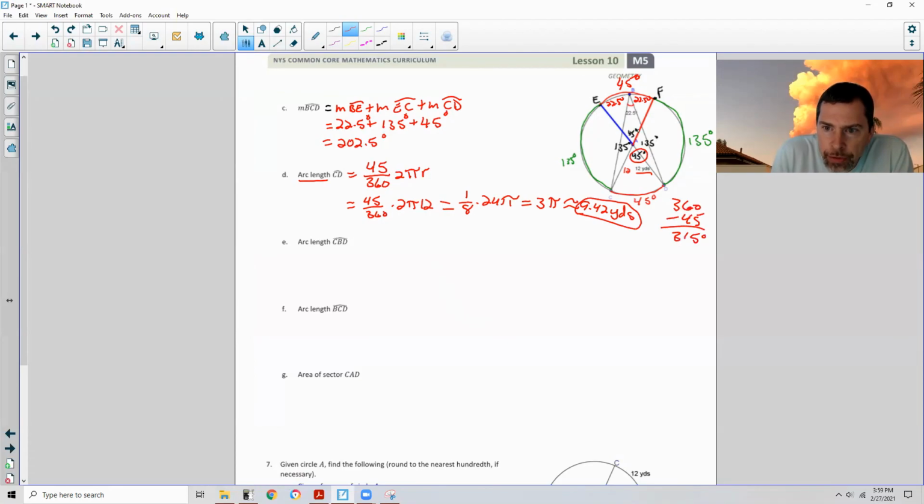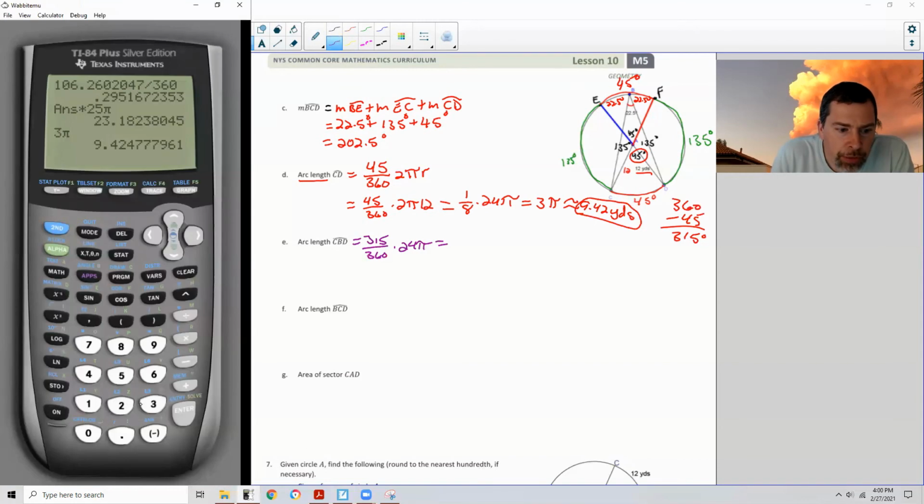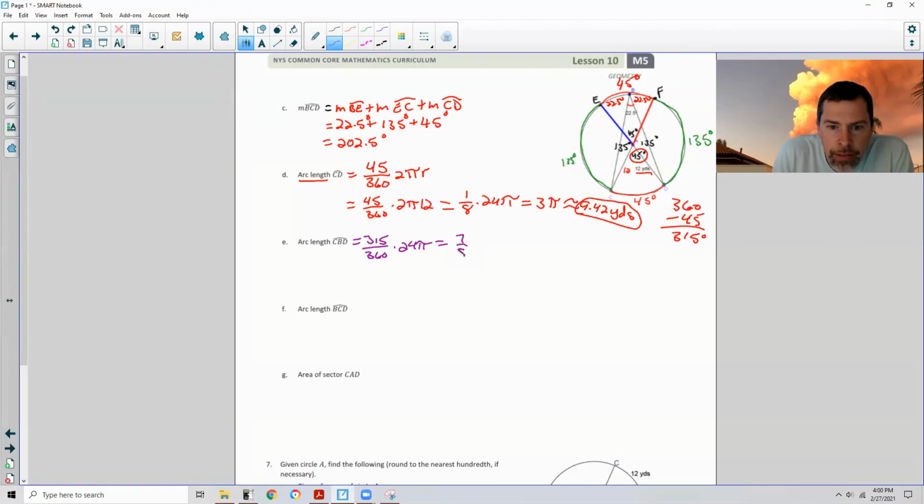So that's the central angle 315. So let me change color. So that's going to equal 315 divided by 360 times this same 24 pi, which is going to equal, and let's just do it this way, 315 divided by 360, and hit math, enter, enter, and it gives me my reduced fraction of 7/8 times 24 pi.